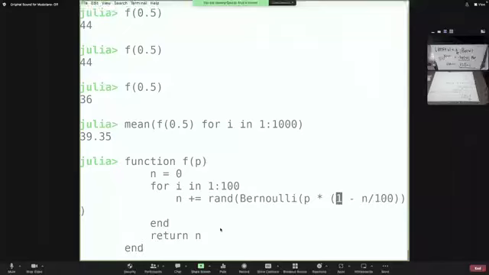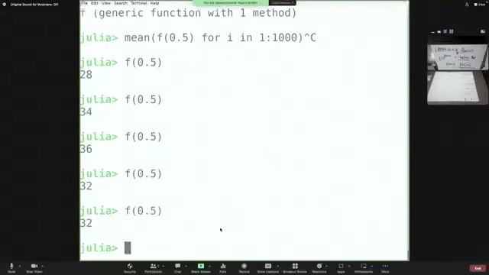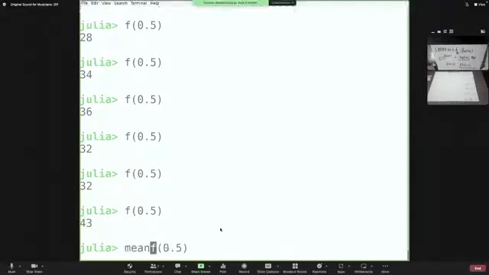So I'll do that too. How should I do this? Maybe I'll do 1 minus n plus i over 200. This should be a valid probability. Okay, 0.5. So it has some mean.